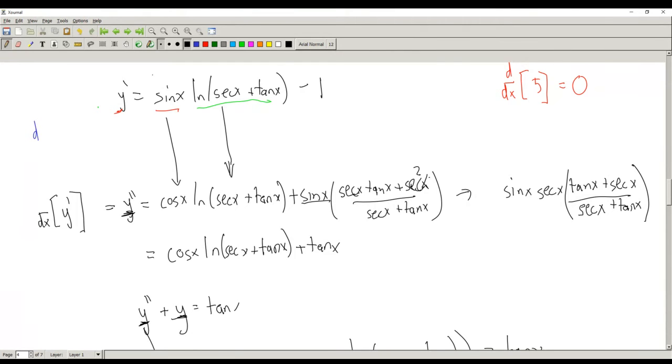So pull out a common factor in the numerator of sec x. Do you follow? Yes, I got it. Sec is 1 over cos, so it's going to be sine over cos, then you get tan. Thank you, spot on.